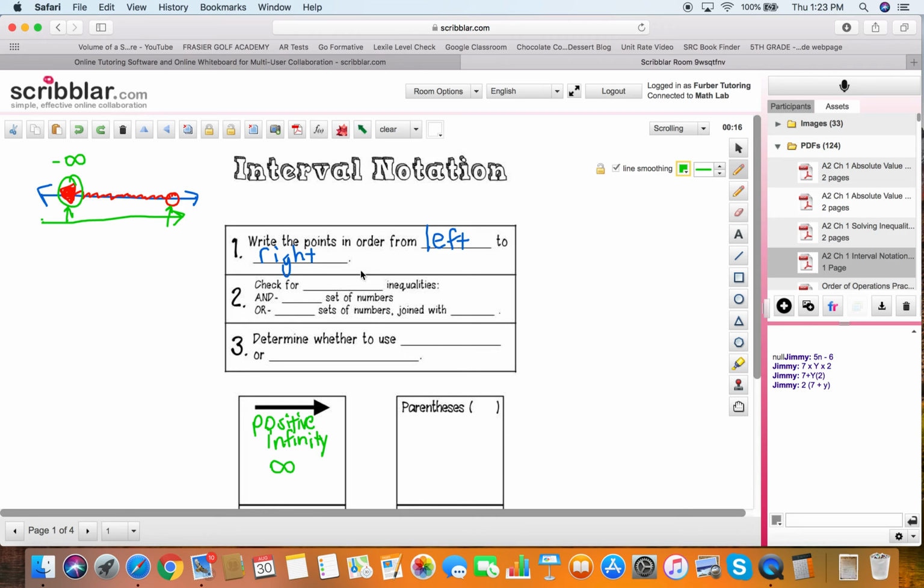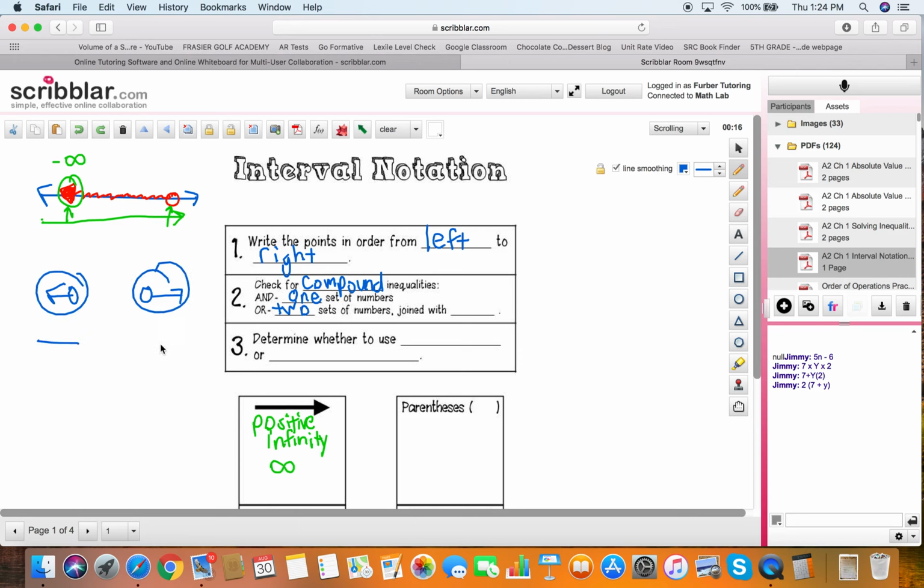So you do have to check to make sure that you don't have any compound inequalities. Because if you have a compound inequality, you need to know that ahead of time so you know what it's going to look like when you write the points. So if it's an and, you're only going to have one set of numbers, similar to what you would have if you only had one inequality. And if you have an or, you're actually going to have two sets of numbers because an or goes away from each other, which means that you have one graph and essentially a second graph.